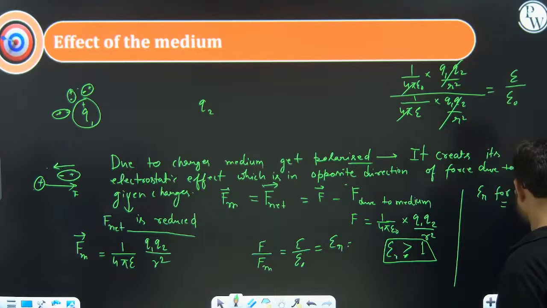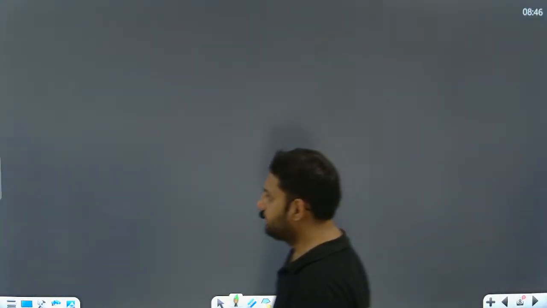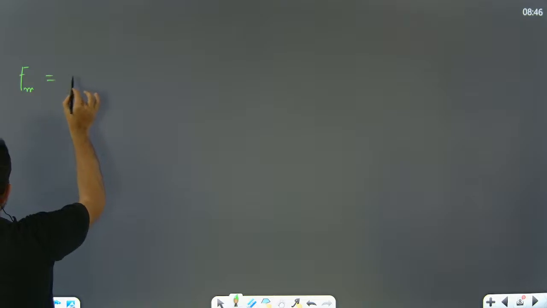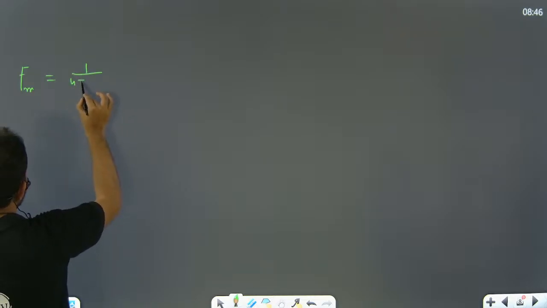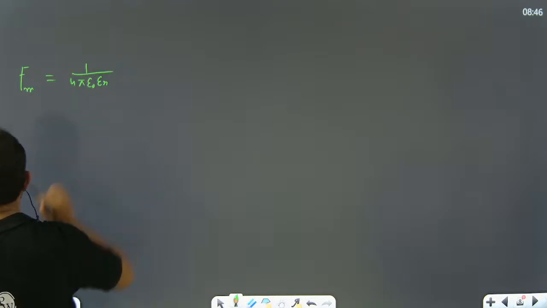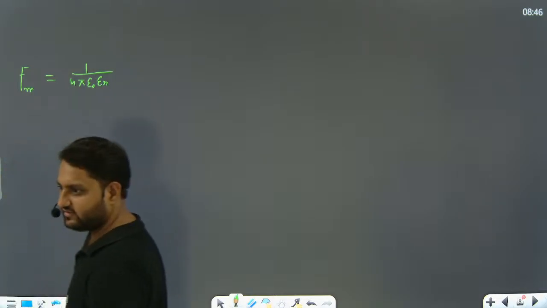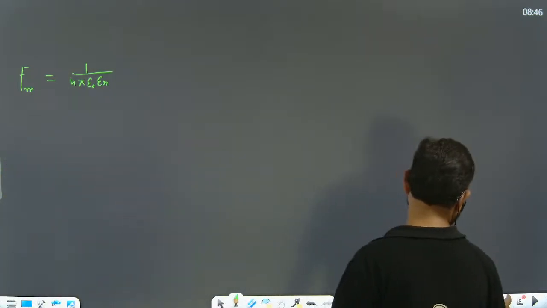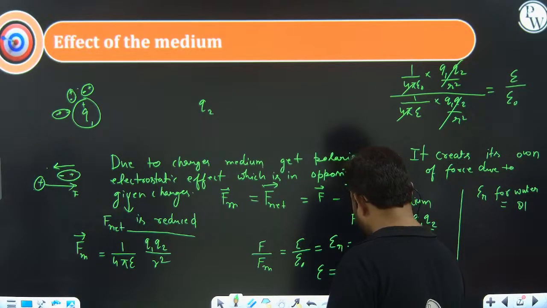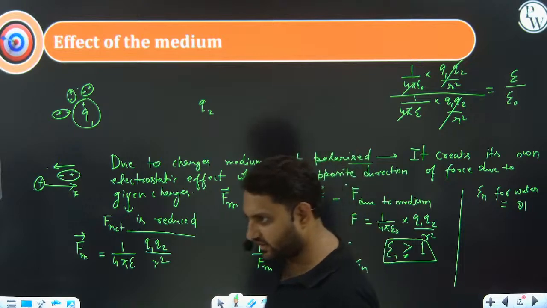I will write like this. The force in a medium is equal to 1 by 4 pi epsilon naught into epsilon r. Are you getting this? If I write epsilon is equal to epsilon naught into epsilon r, correct or not?